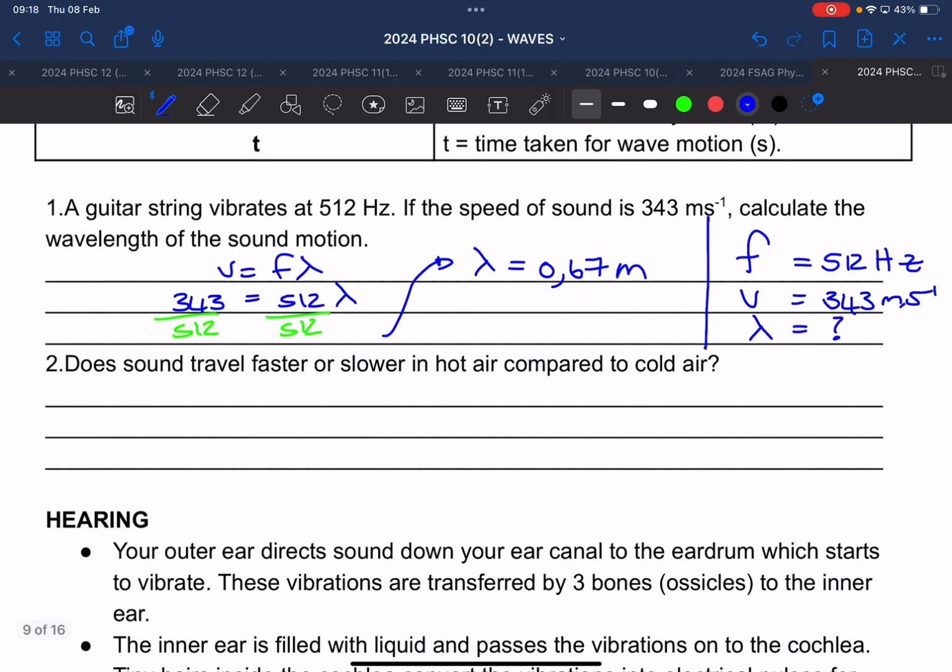Right, next question they ask. Does sound travel faster or slower in hot air compared to cold air? So in hot air, does sound travel faster or slower? Why?